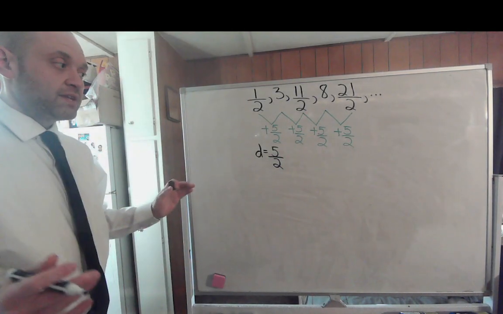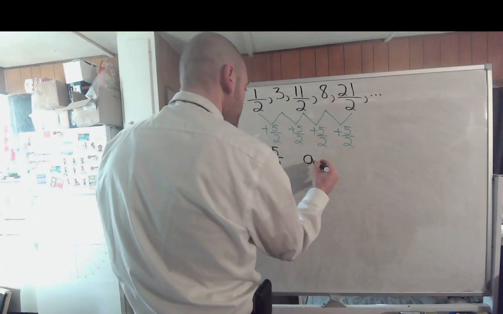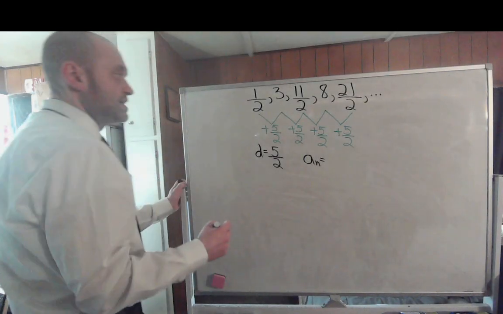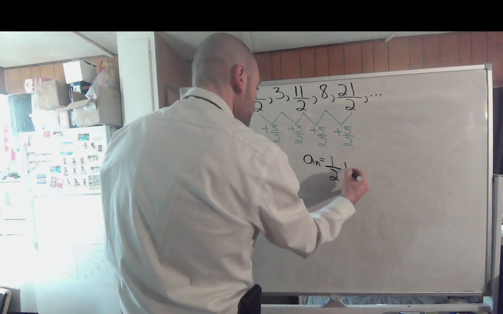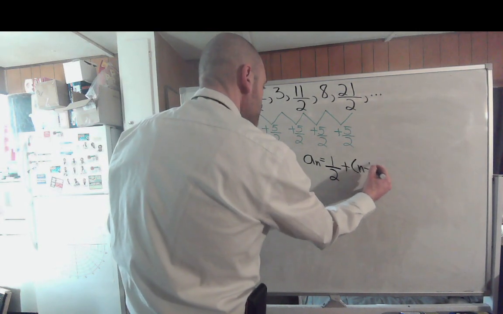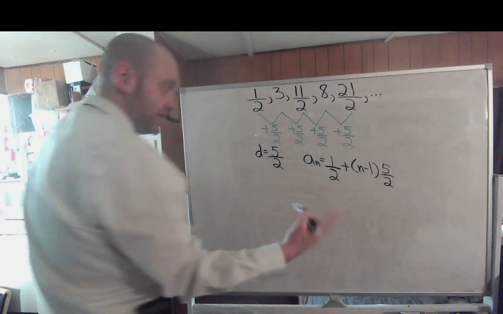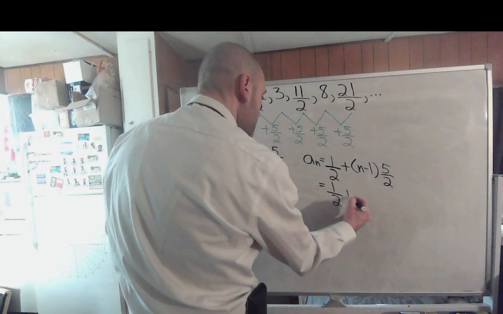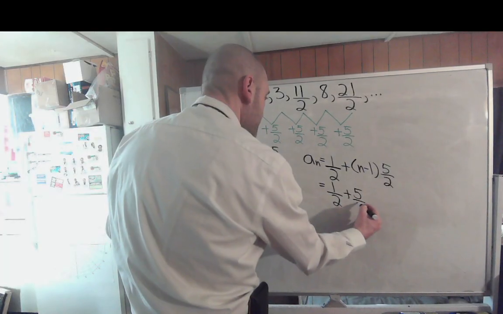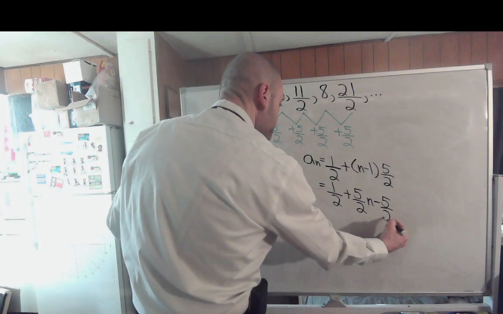Now, let's find the general formula for this sequence. So a sub n equals your a sub 1, which is 1/2, plus the quantity of n minus 1 times 5/2, which means we can simplify this. You'll get 1/2 plus 5/2 n minus 5/2.